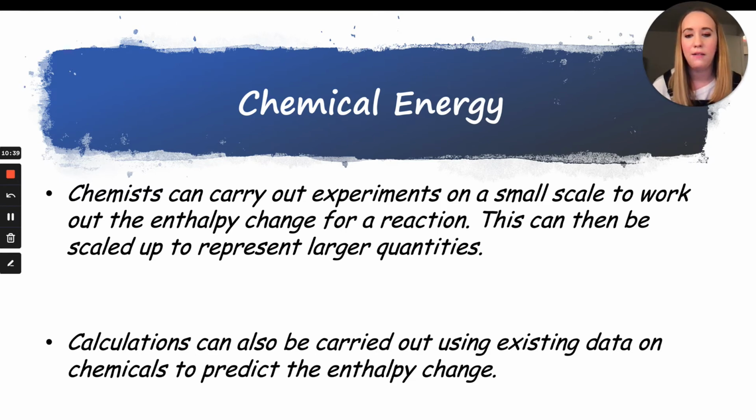So again, later in the topic, we're going to have a look at some of those calculations that we can do that don't rely on an experiment, but just use data that's already out there in order to work out the enthalpy change. Okay, so there is quite a bit of calculation work involved in this part of the topic, and a little bit of theory to go with it as well.